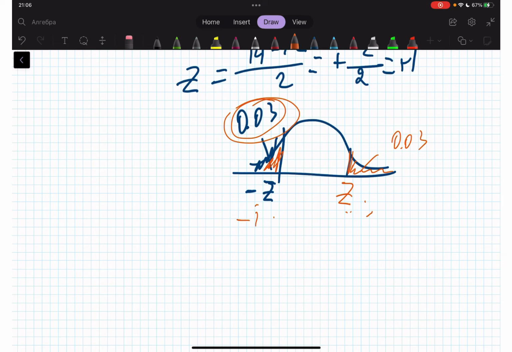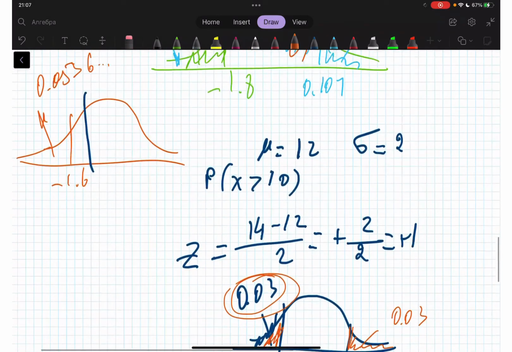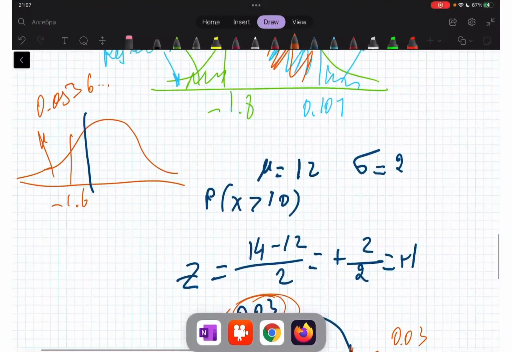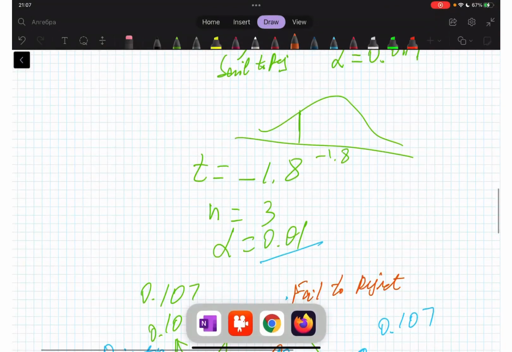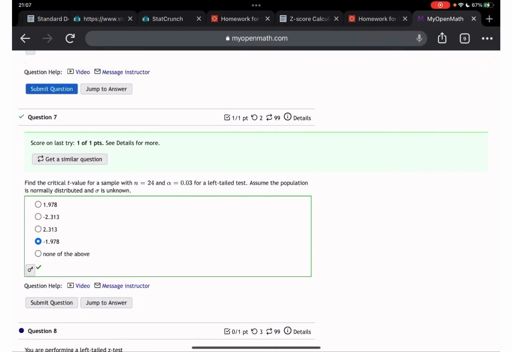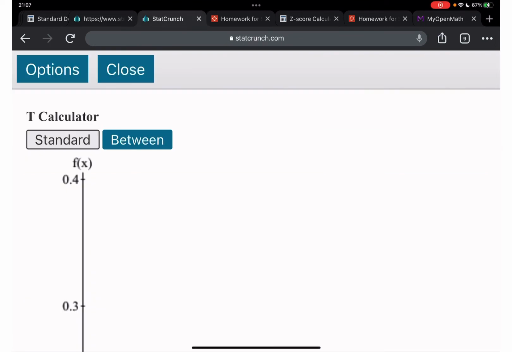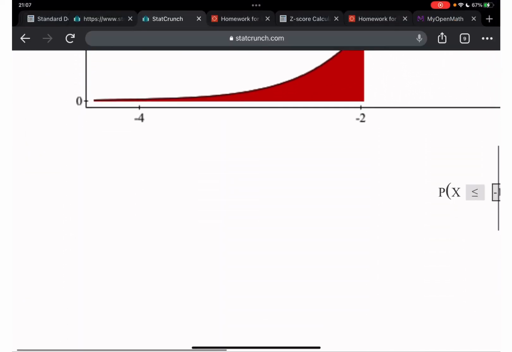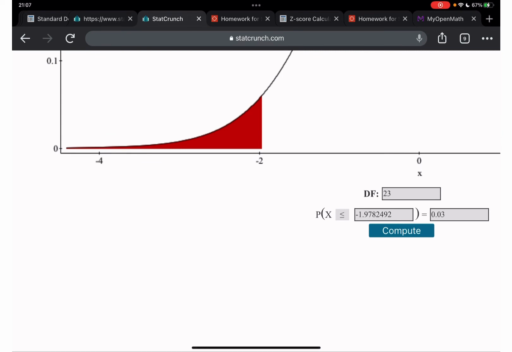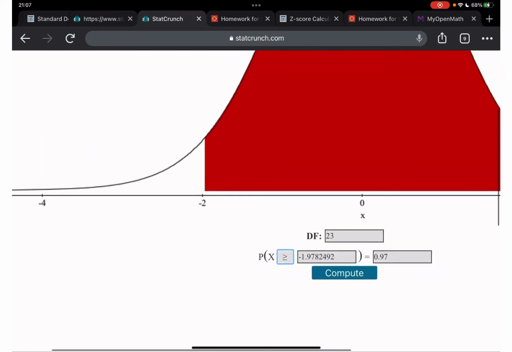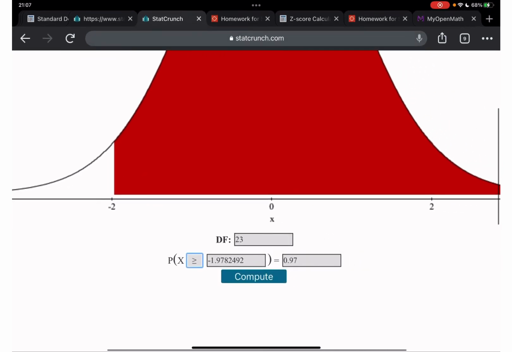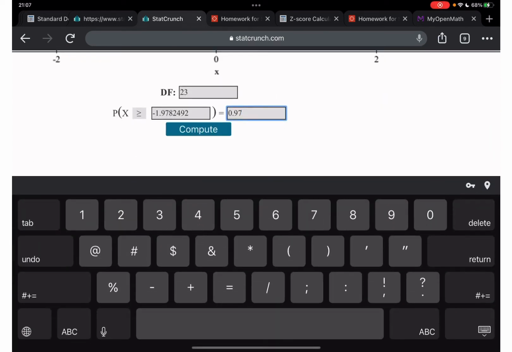If it was negative 1.978, this one will be positive 1.978. Let's test it on StatCrunch. I'm going to put greater than. So let's see how much it's going to be. How much did we have? 0.03 it should be.